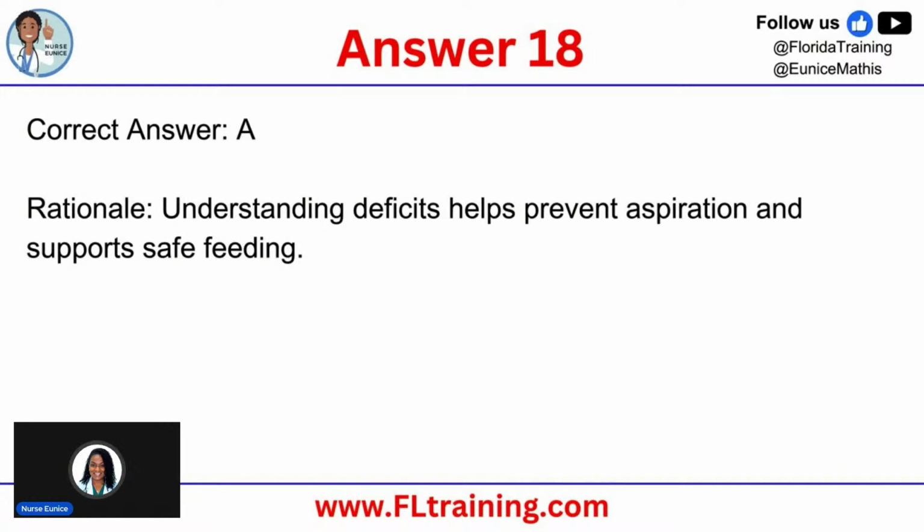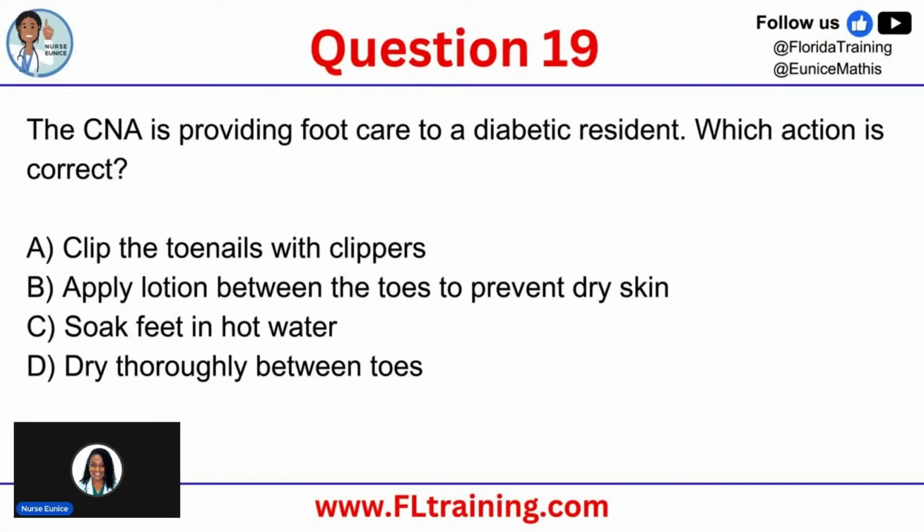So you need to understand that deficits such as hemiplegia, one half of the body being paralyzed or weak, is going to cause aspiration if you put the food on the weak side. So make sure if you have a stroke patient, that you understand which is their weak side, and instead you want to utilize a spoon and feed them on the side that is not affected by the stroke.